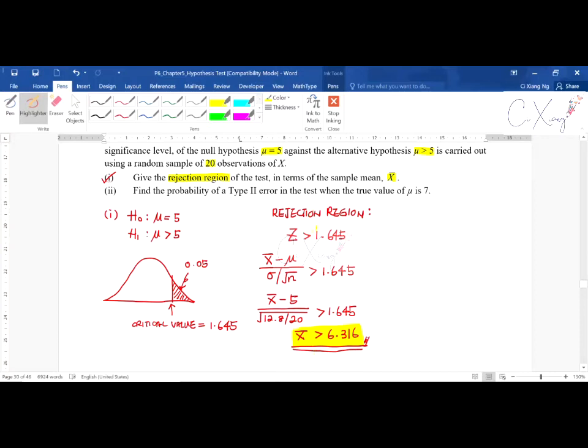You actually get it from the idea on the graph. When the test statistic is more than 1.645, then you reject the null hypothesis. You substitute it with the formula for the test statistic, then slowly move everything over, then you get sample mean more than 6.316, then you reject. So this is your rejection region.